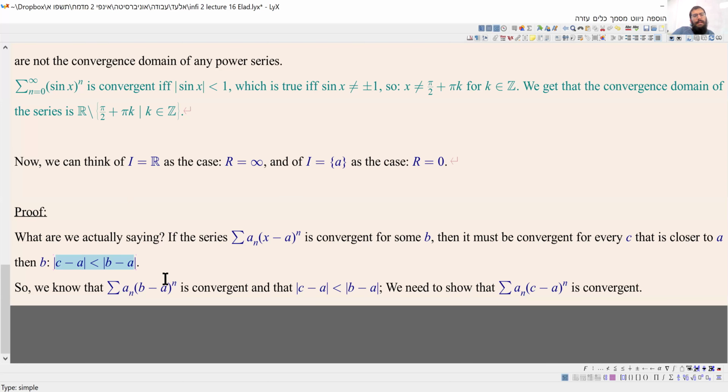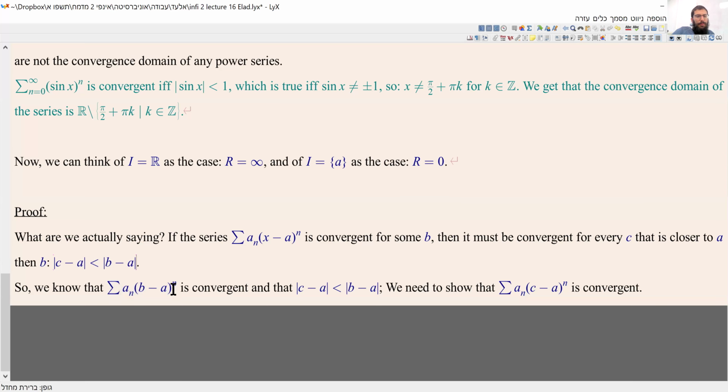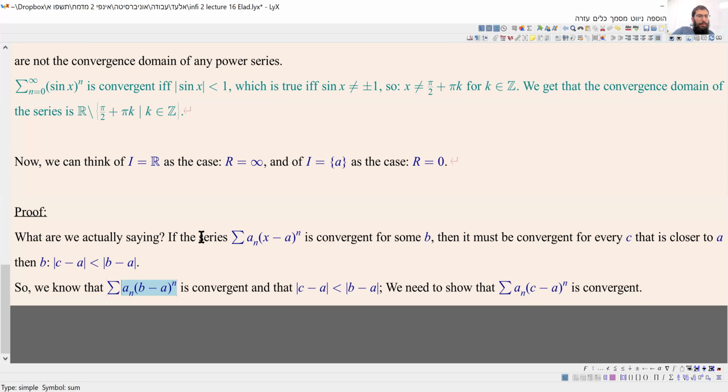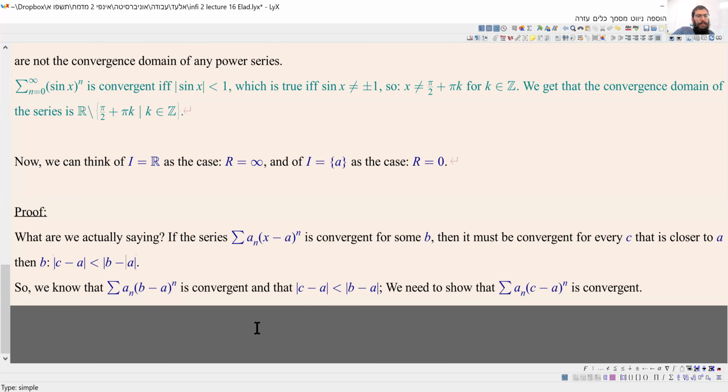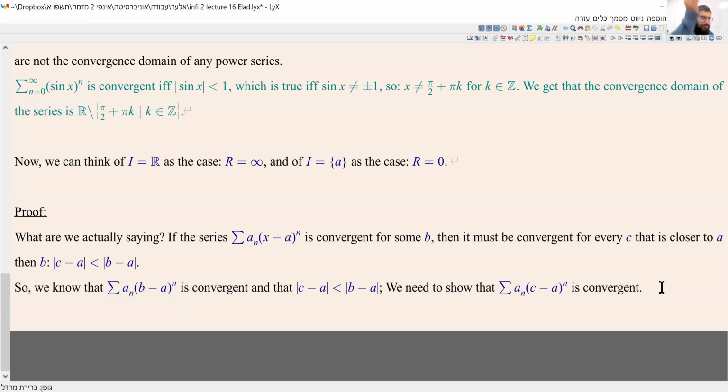The problem is that we do not know anything about the absolute convergence of the series with B, and we talk with absolute values when it comes to the relation between B and C. And moreover, a_n and c minus a can be negative numbers, so we cannot use the comparison test. So how do we overcome this obstacle?